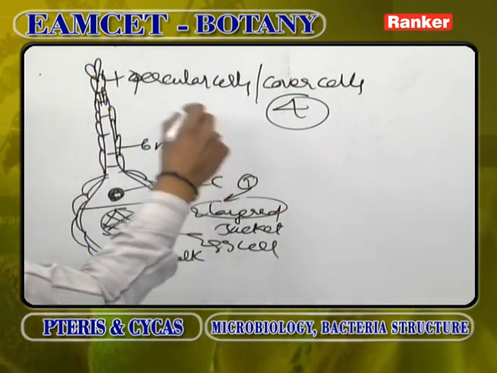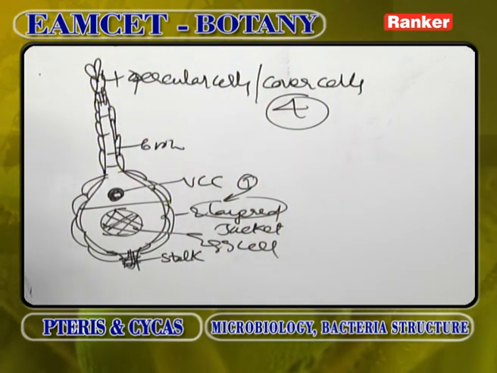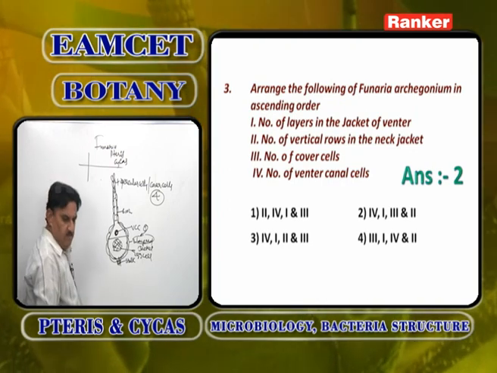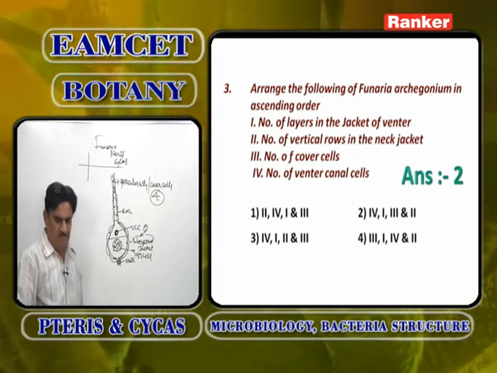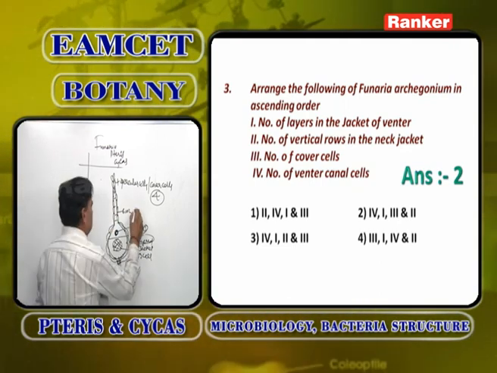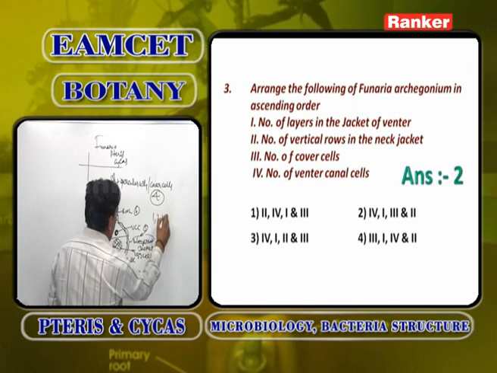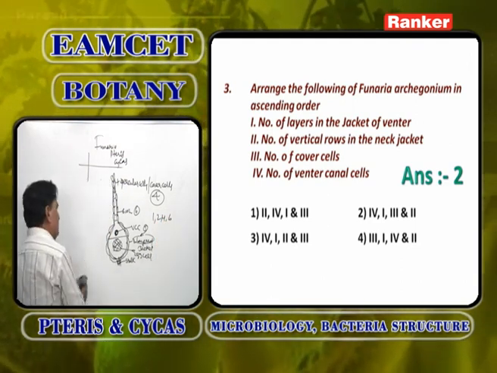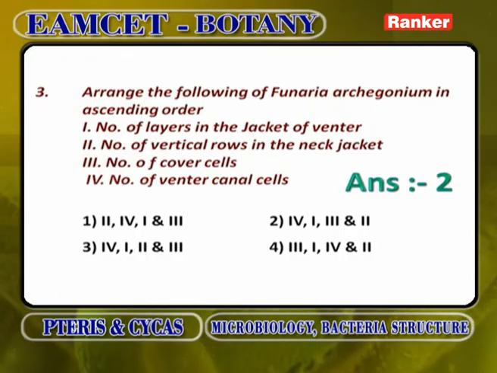So 1, 2, 4. Then number of vertical rows of neck jacket will be 6 rows of cells. So 1, 2, 4, 6. This is the answer because it is ascending order. So the question is, I will repeat this question.